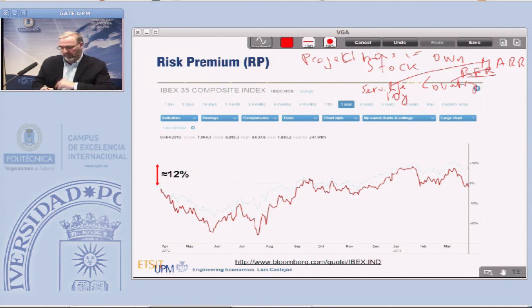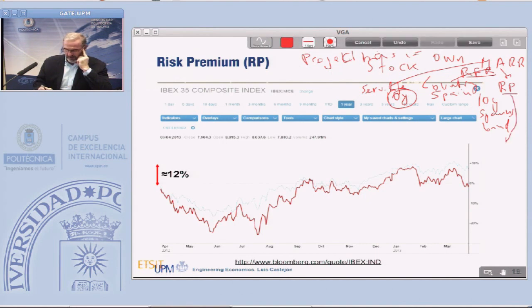So we are developing an investment plan in Spain, so the country is Spain, and then 10 years is the service life of our project, so we will look for 10-year Spanish bonds. Okay, so that's clear. And then we have to look for the risk premium.